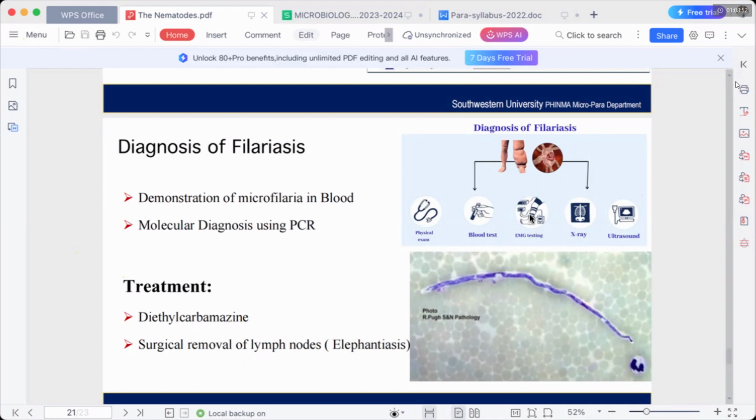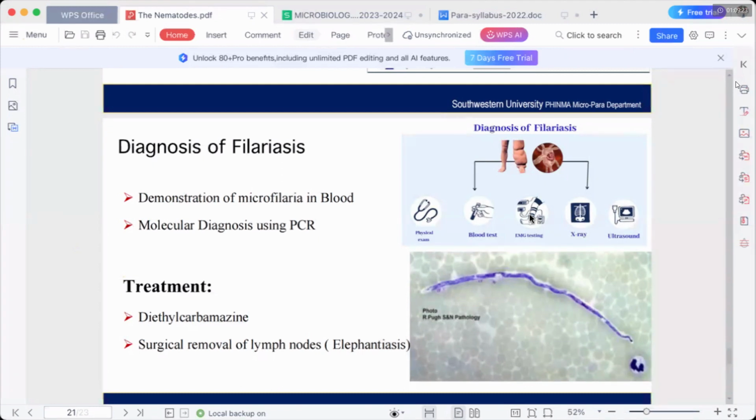And there's a medication. If you have patients with filariasis, advise them to go to the health center or your local barangay health center because they have that, and they have instructions before giving the medications, and they need to do a confirmatory test before being started on the medication.